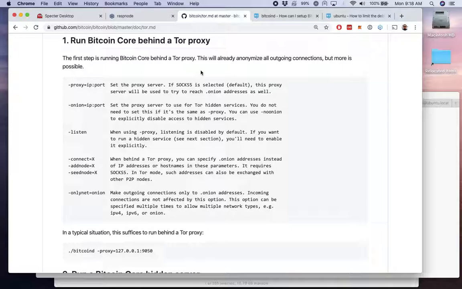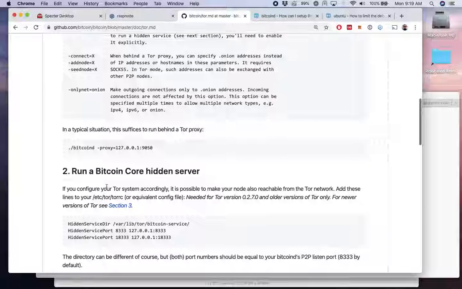What really matters here is that we're talking about anonymizing outgoing connections from your Bitcoin Core node. There's a bunch of different configuration settings, but this is the most helpful part. In a typical situation, this suffices to run behind a Tor proxy.